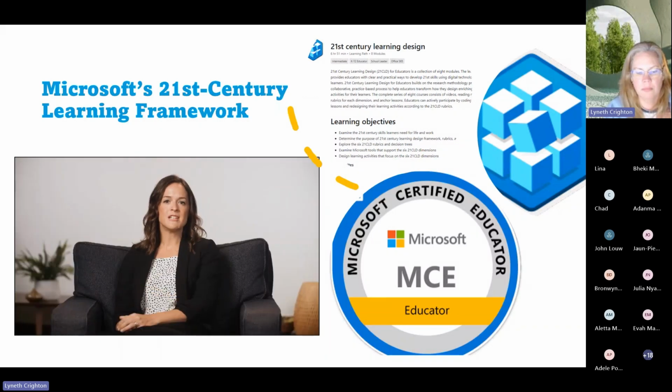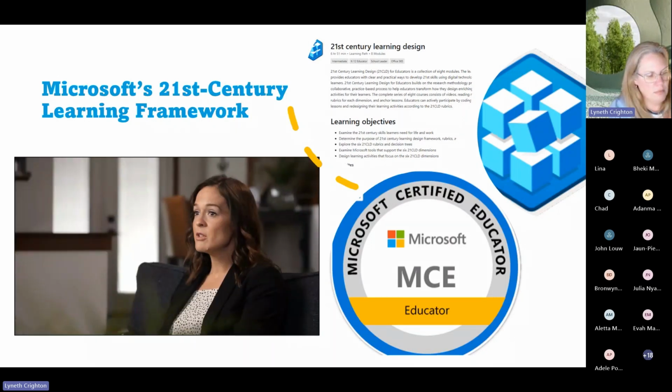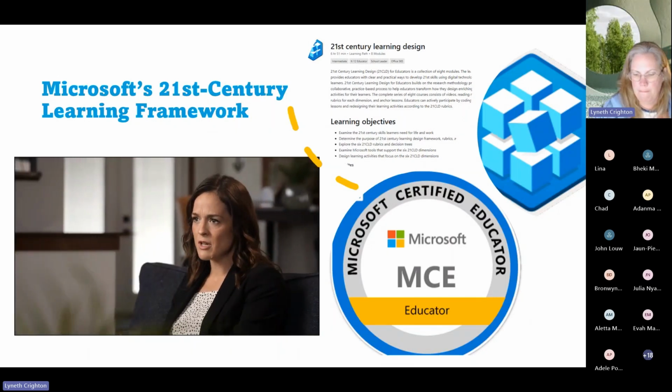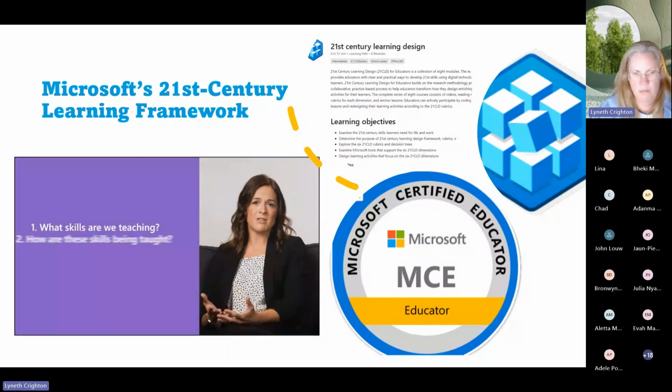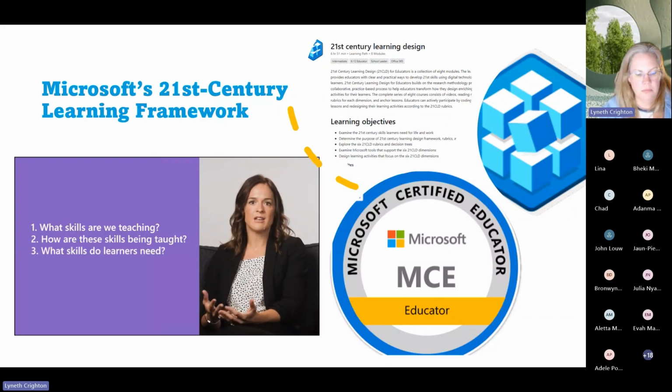The researchers studied schools in 7 countries, analyzing lesson plans and learners' work, interviewing learners and educators and administrators to find out what skills are we teaching and how are these skills being taught? What skills do our learners need to be prepared for the workforce? And are we teaching those skills?